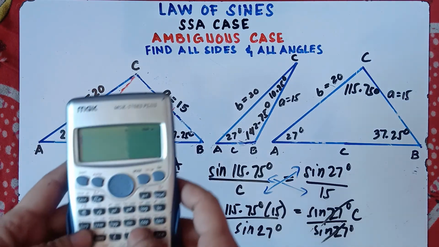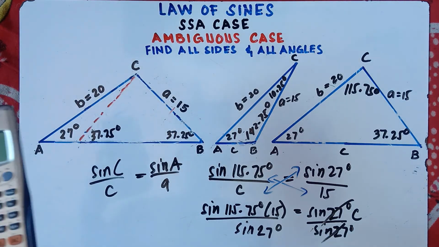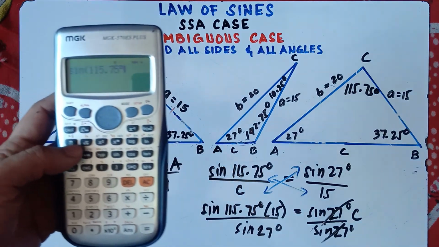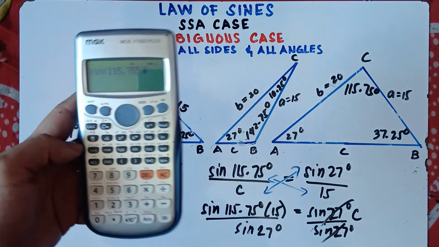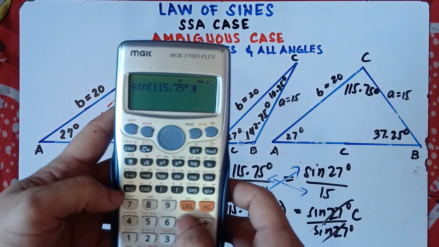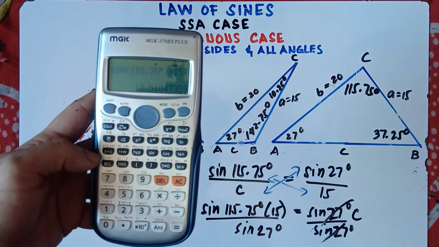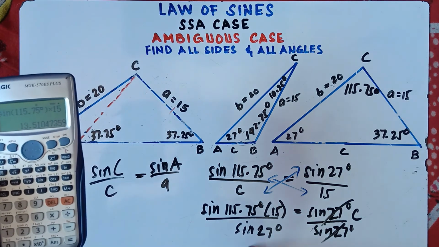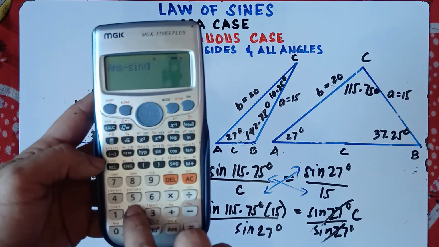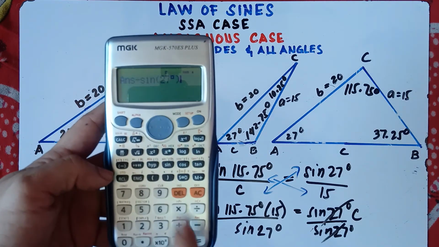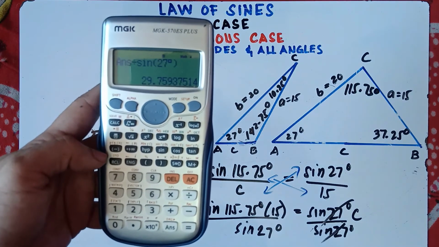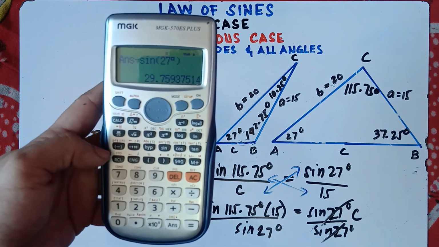So this will be sine 115.75 degrees, close parenthesis, times 15, equals. Then divide by sine 27 degrees, close parenthesis, equals. You will have 29.759.